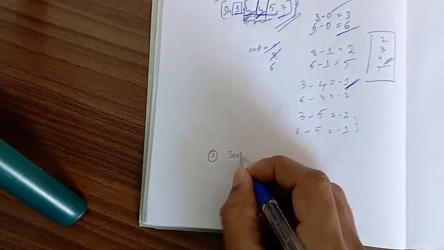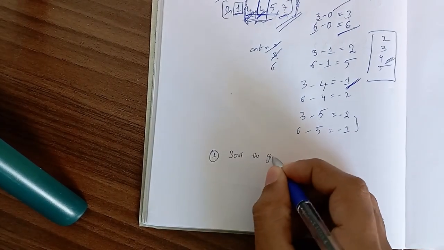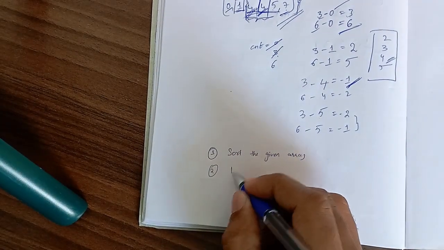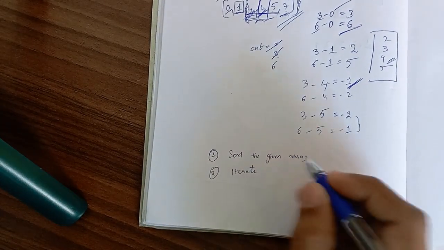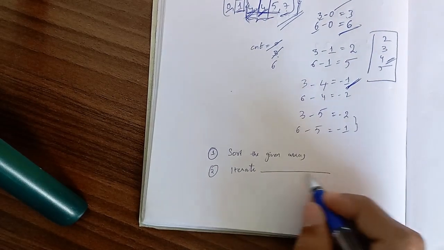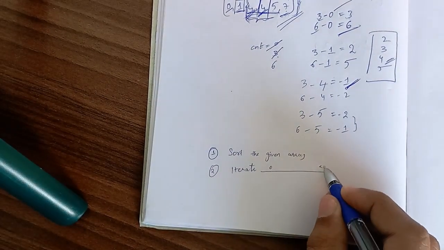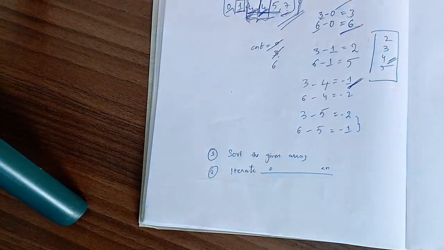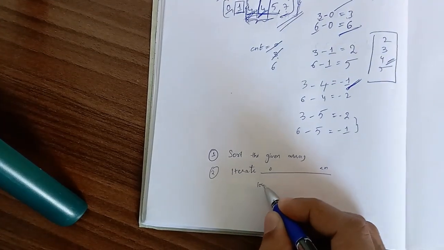First, sort the given array, and the second thing, iterate the array from 0 to less than n, and then find the lowest number.